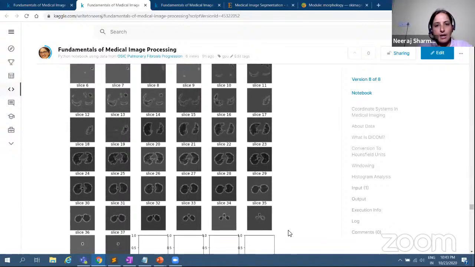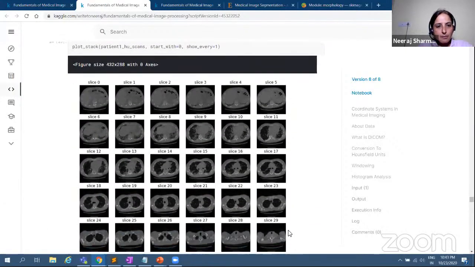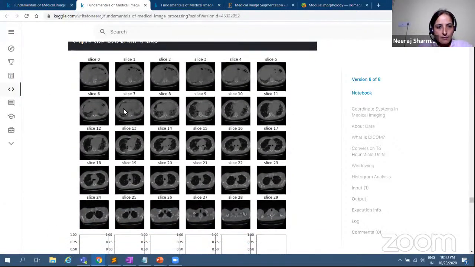So basically, after windowing, suppose for this particular scan, if we window it, it will give this much portion probably. It will just remove all the air and it will remove all the bones. But many other tissues will be there as part of the scan.